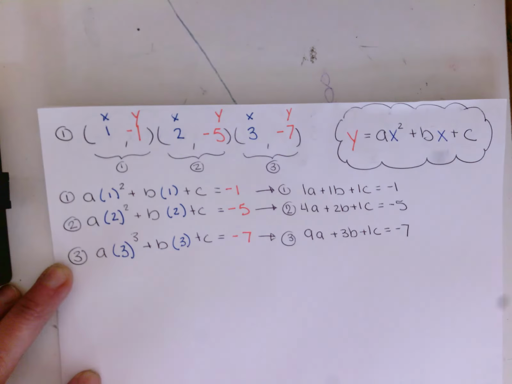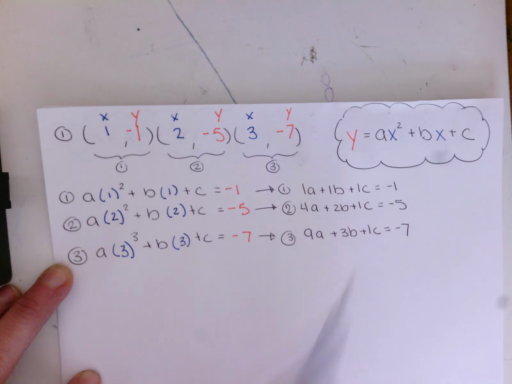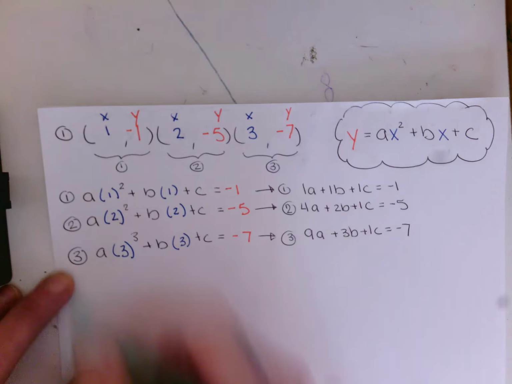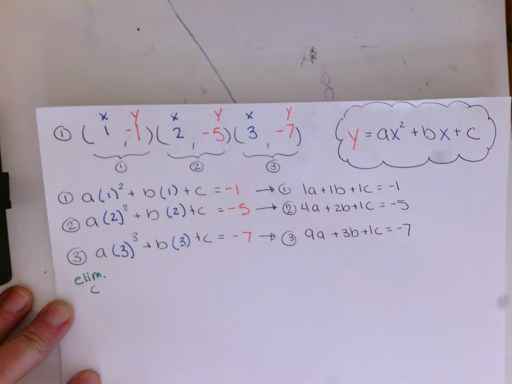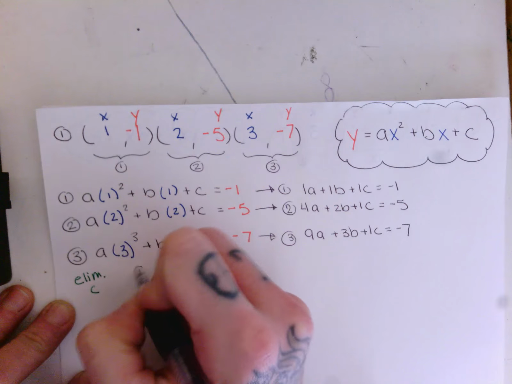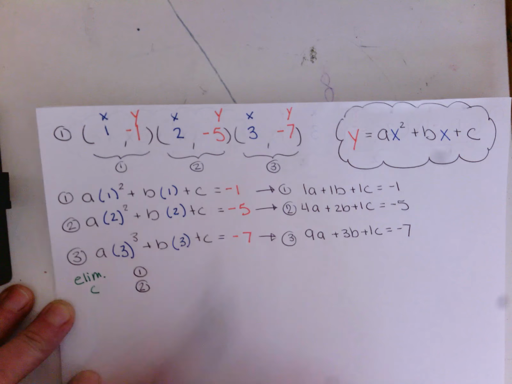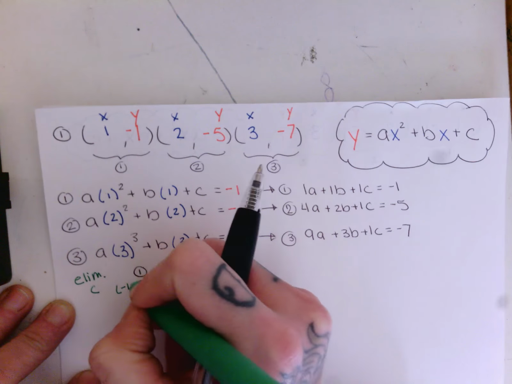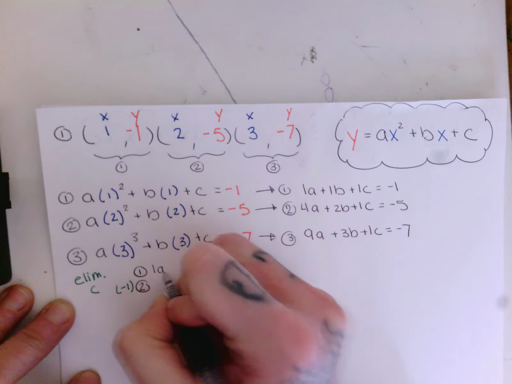And now we're going to use 2 of these equations to eliminate one of our variables and get our first star equation. Now, to me, it makes most sense if I were to eliminate c. So I'm going to choose to keep the first equation the same, and I'm going to multiply the second equation by -1. So no change here.